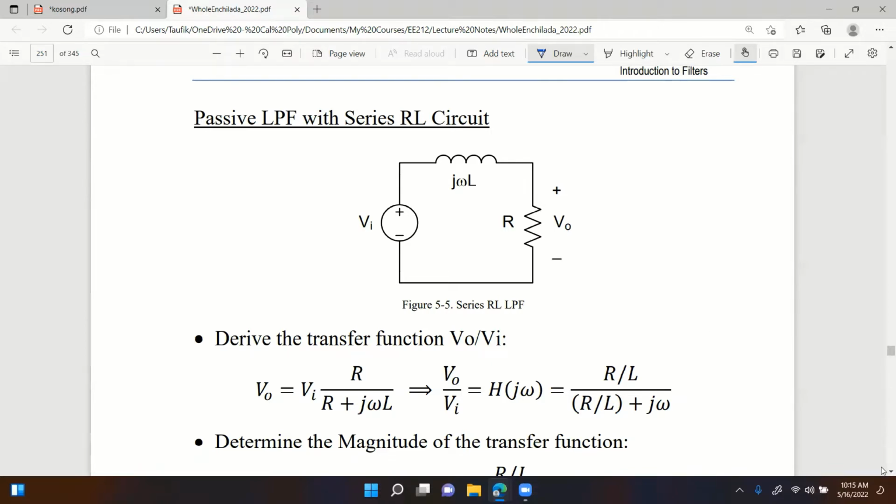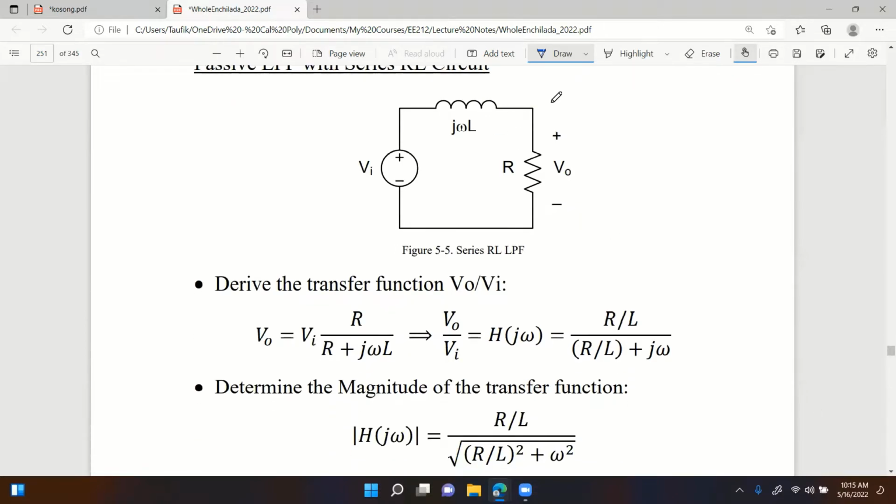Once you know where to define the output voltage, the next thing is deriving the transfer function. By voltage divider, the output voltage across R is equal to R over R plus j omega L times the input voltage.